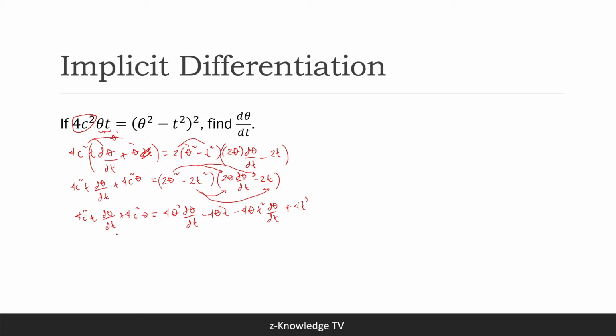Okay, then pagsama natin yung may mga d theta over dt. So, itong part na to, iwan natin siya dito. So, 4c squared theta minus to.